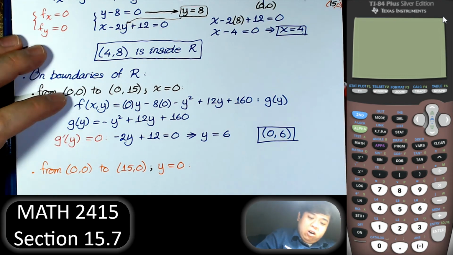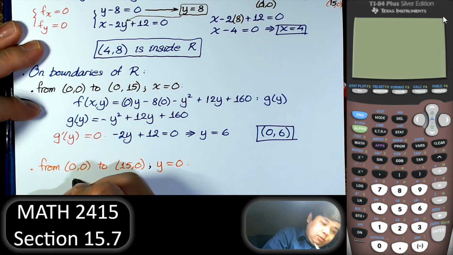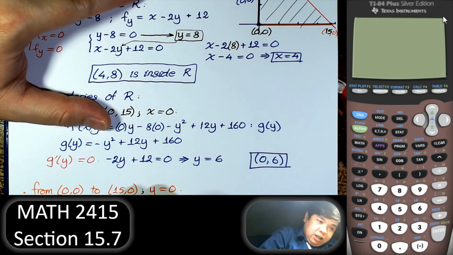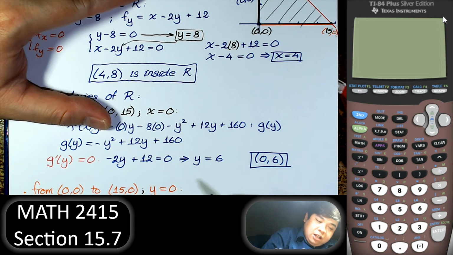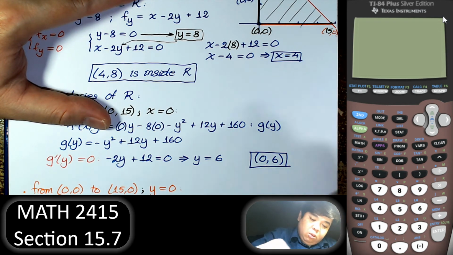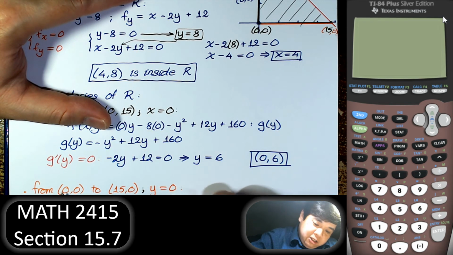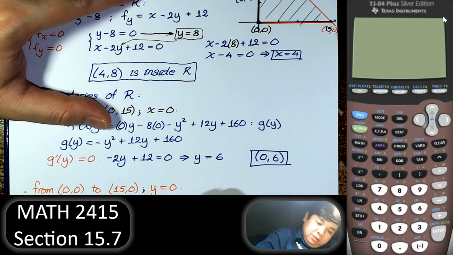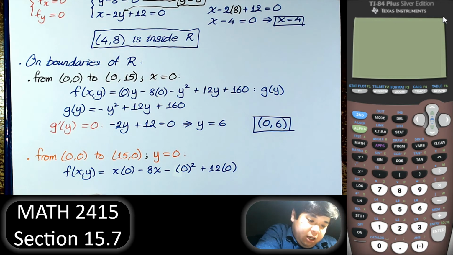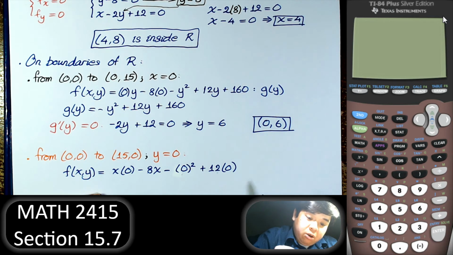Right, now the function, with y equal to 0: x times 0 minus 8x, minus 0 squared plus 12 times 0 plus 160.